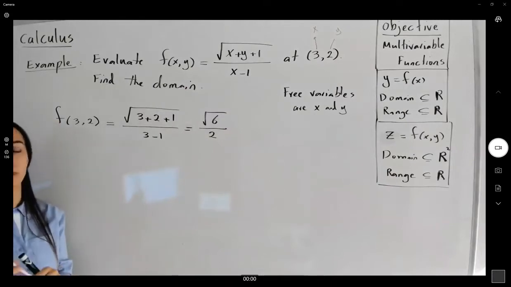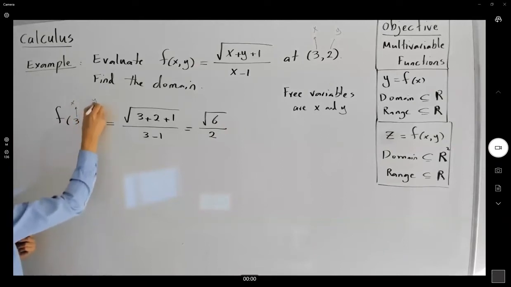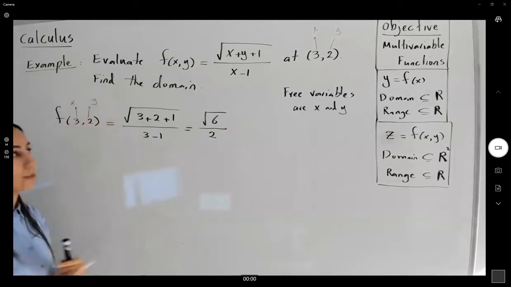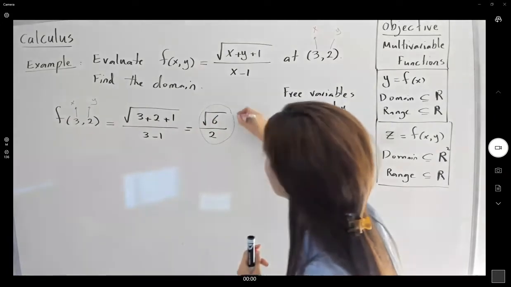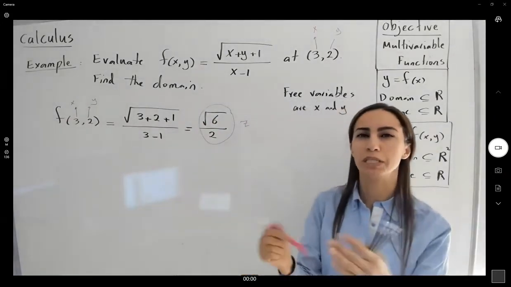So what does it tell me? It tells me when x is 3, y is 2, my z value is square root of 6 divided by 2. So what's the meaning of that?